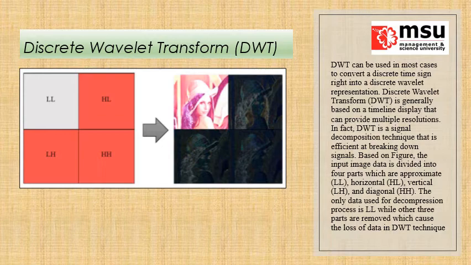Based on the figure, the input image data is divided into four parts which are approximate LL, horizontal HL, vertical LH, and diagonal HH. The only data used for the decompression process is LL, while the other three parts are removed, which causes the loss of data in the DWT technique.